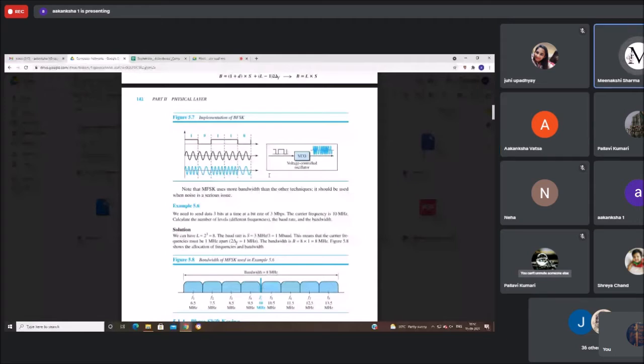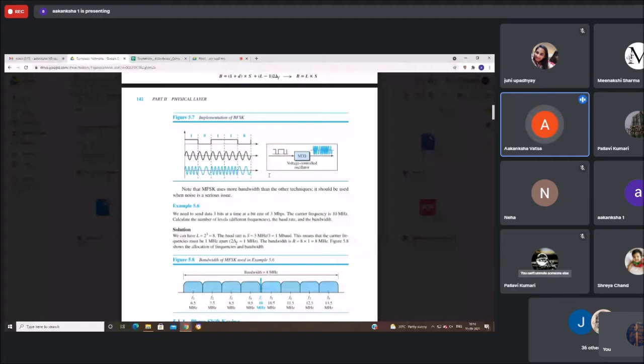Ma'am, N by R. What is N here? Ma'am, bit rate 3 megabit per second. Yes. So because bit rate is 3 megabits per second, my baud rate S will be equal to N by R, and R we have already computed, that is 3. Fine. So 3 megahertz by 3 is equal to 1, that is 1 megabaud. So the baud rate will be 1 megabaud.